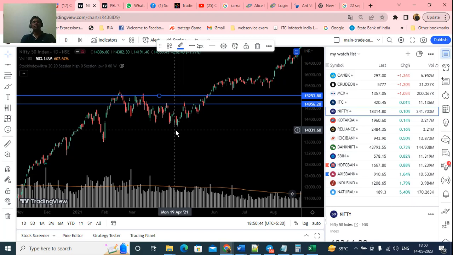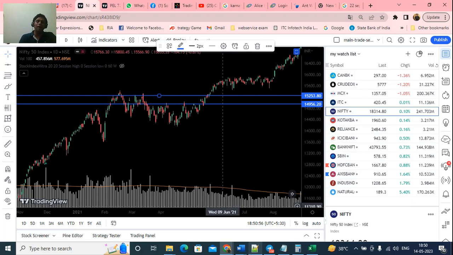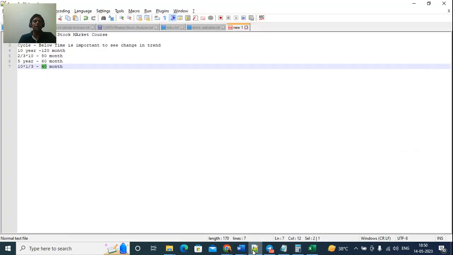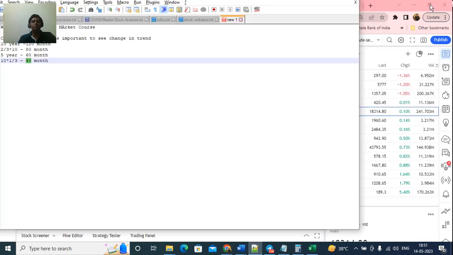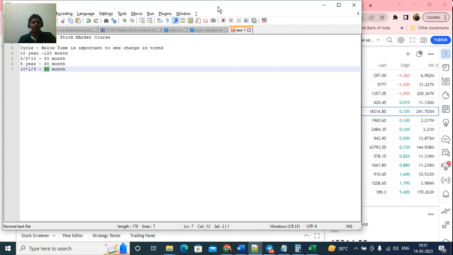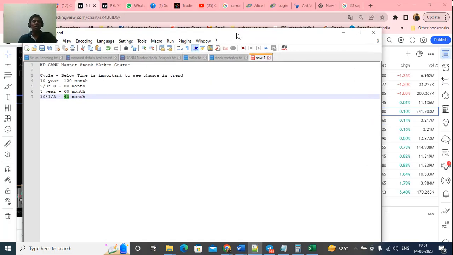And apart from that, he was using numerology. Okay. So these kinds of things he has explained in his books, and one of his books, I'm telling you, the book name was WD GANN Master Stock Market Course. So from there I have taken this one.